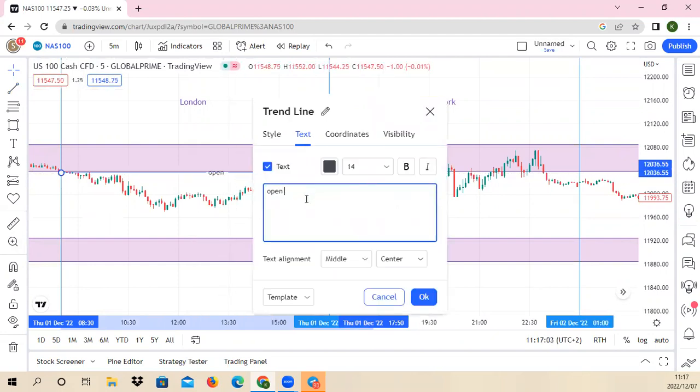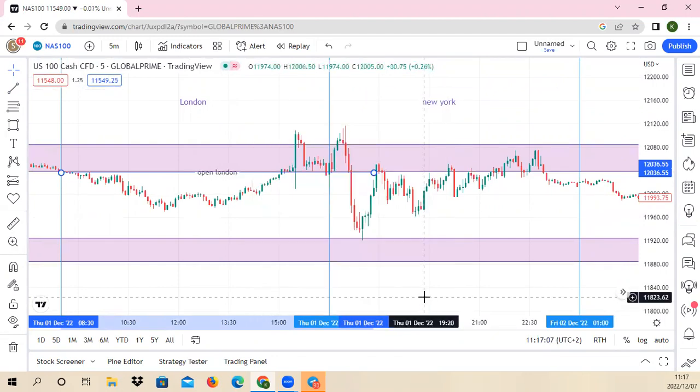So that's marking the London open. From there, we need to mark two things: the London high and the London low, you see. But those you will end up finding when the market is about to close or so.